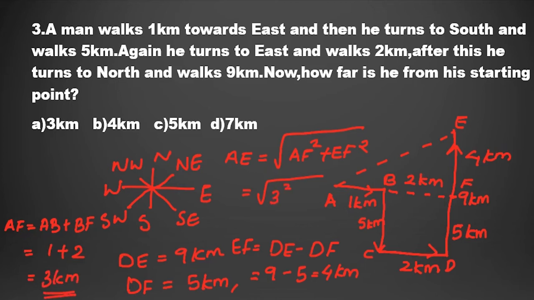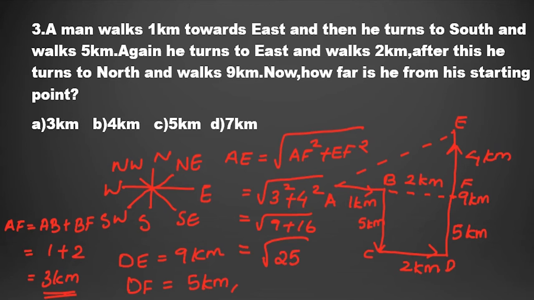AF is 3 kilometer, 3 square plus EF 4 kilometer, 4 square, and root of 9 plus 16 is equal to root 25 is equal to 5 kilometer. AE is equal to 5 kilometer. So the answer is C, 5 kilometer.